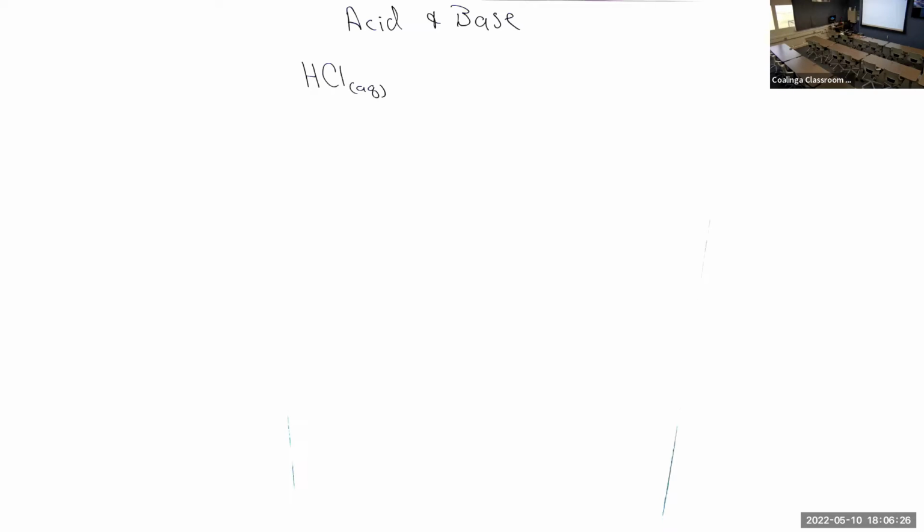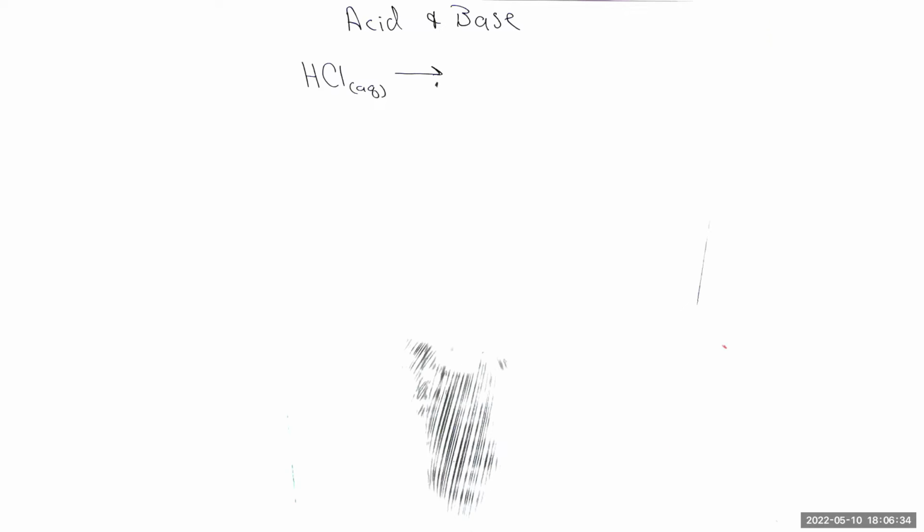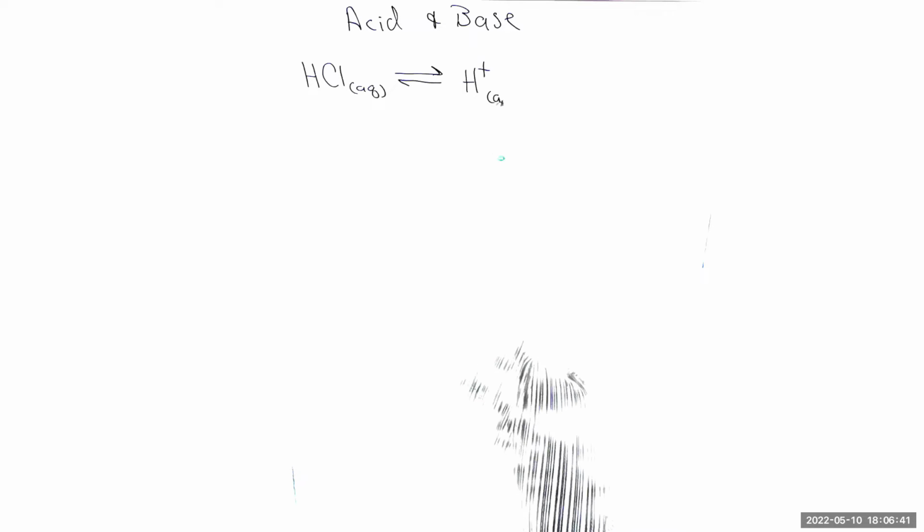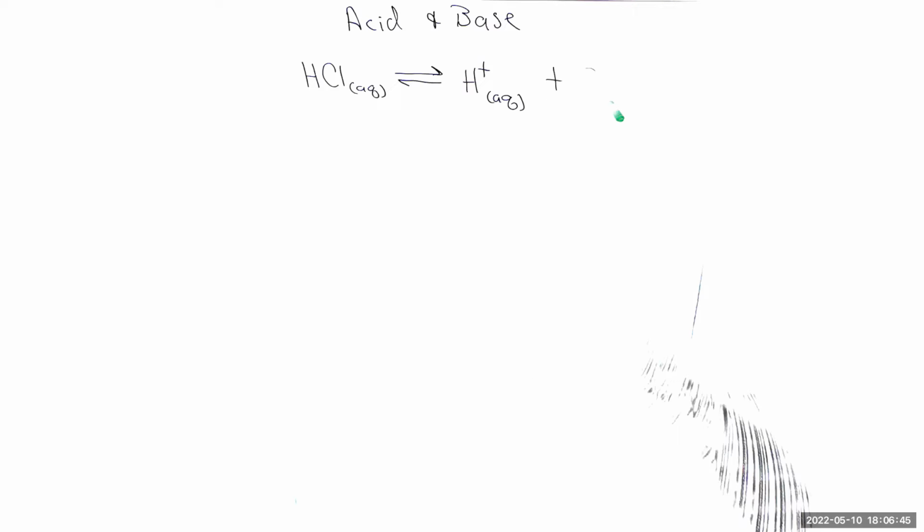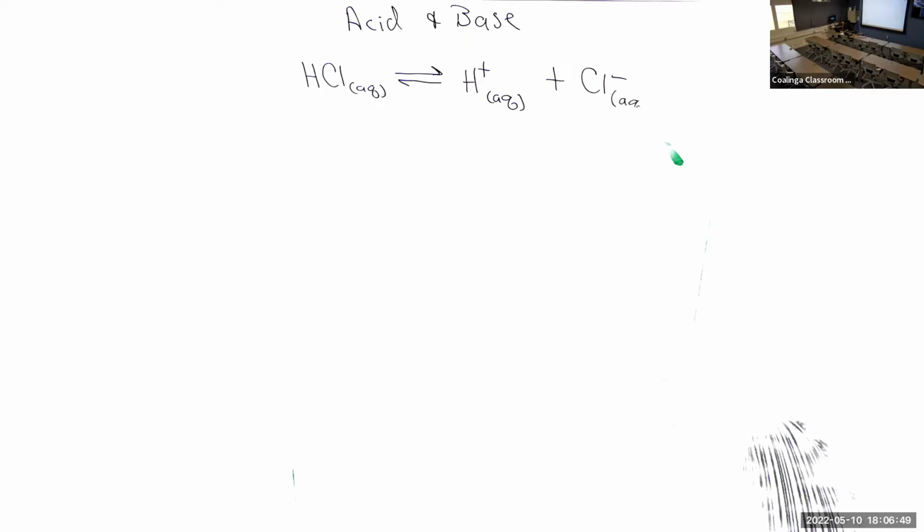An acid is going to be defined as what we call a proton donor, right? So in other words, this guy's going to break down into two parts. Draw it like this, right? It's going to ionize.